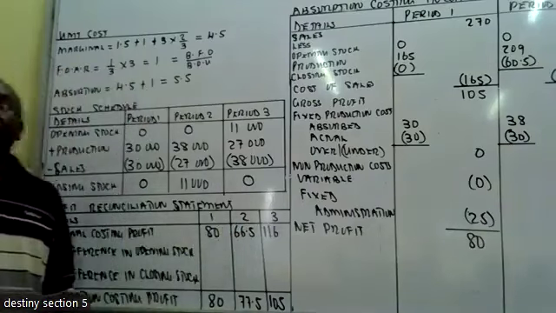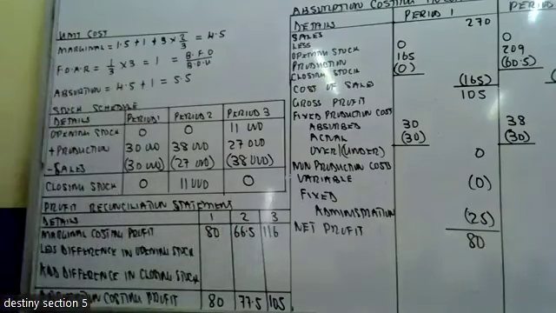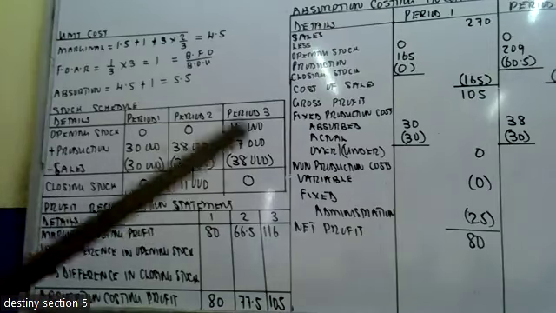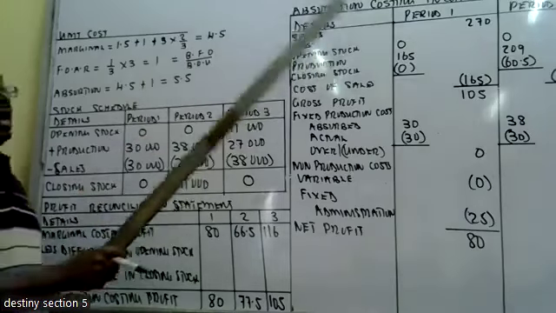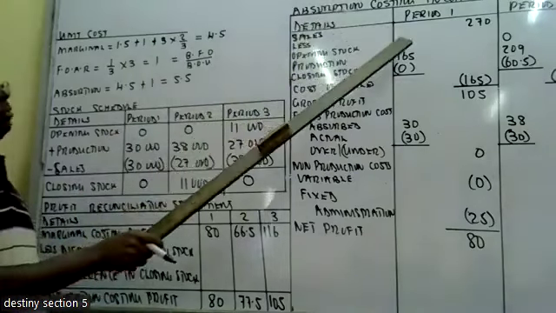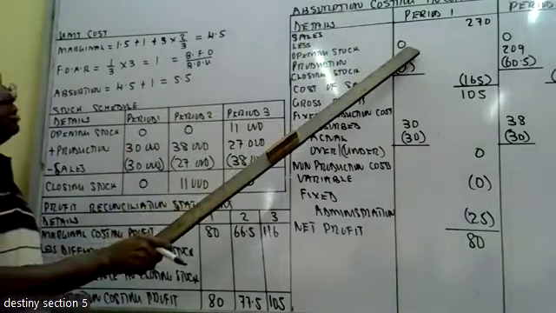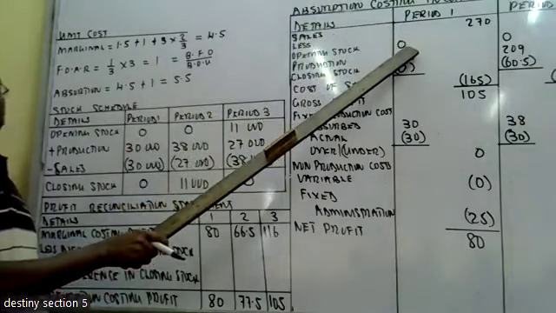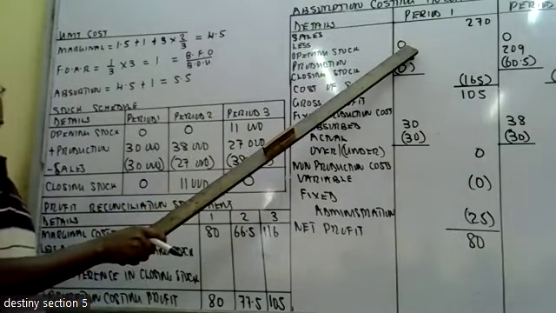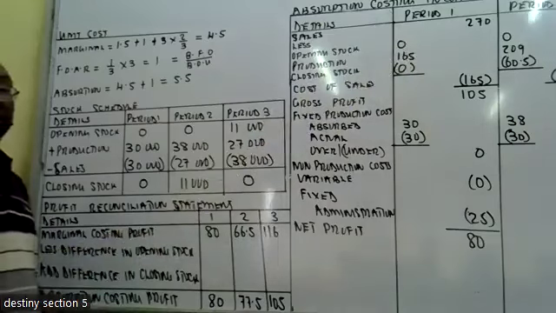116. Now I told you when you are reconciling, which one is erroneous? That's the first one. Now, what you do here, unaangalia hii statement ya absorption na ya marginal. Hii opening stock. Absorption wametumia what? 0. Angalia marginal. Marginal walitumia what? So the difference between the two is what?